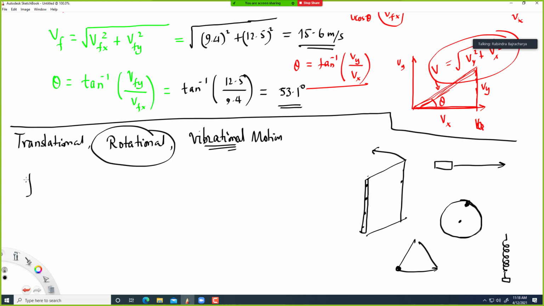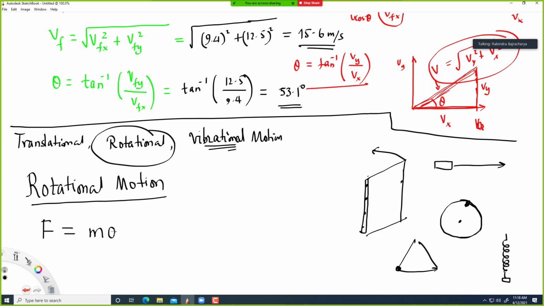So this chapter is about rotational motion. Rotational motion is more or less the same as translational motion. So in translational motion, we saw that in order to get some acceleration, we need force. Okay, force produces acceleration. This is for translational motion. But in case of rotation, to get the acceleration, we need something called torque.